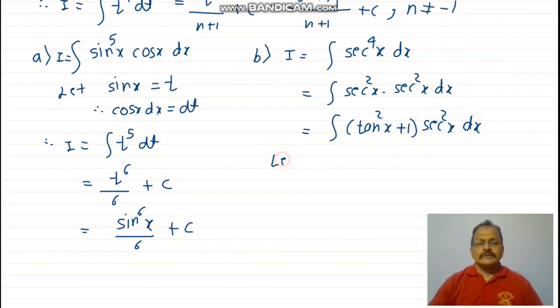Let tan x is equal to t. Therefore, sec square x dx is equal to dt.